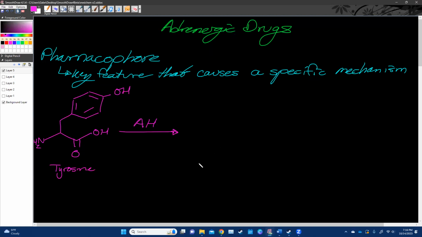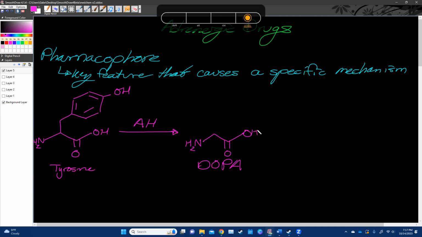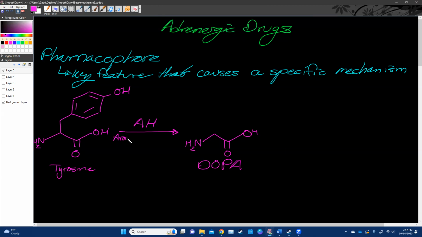And the drug that comes out of this is called dopa. So what happens is that we keep this same amino acid backbone, but we're talking about aromatic hydroxylase.